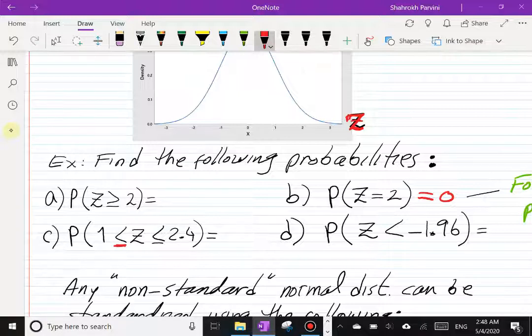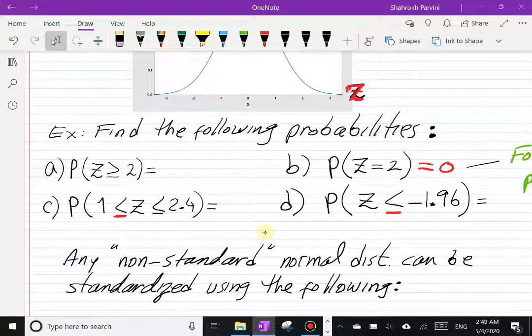In part D, z less than negative 1.96, whether you put equal or not makes absolutely no difference. Let's see that. So that's what the implication is. Whether you include or exclude makes no difference. So let's see.